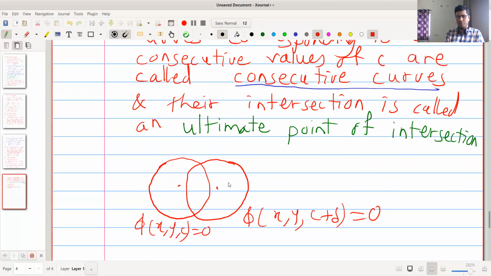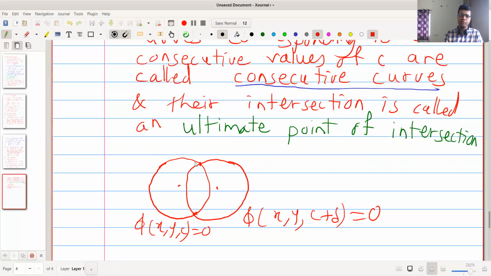So these are consecutive curves and these points in the limiting case. Of course, these will be very close to each other and by naked eyes we cannot distinguish them. So these points will be very close to y equal to a and y equal to minus a.